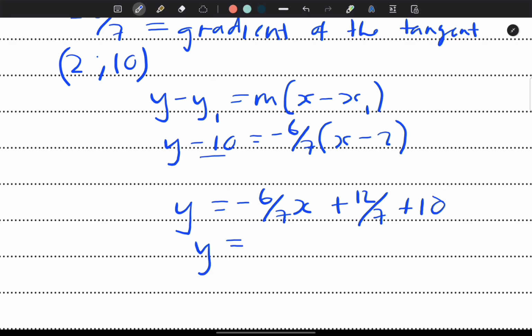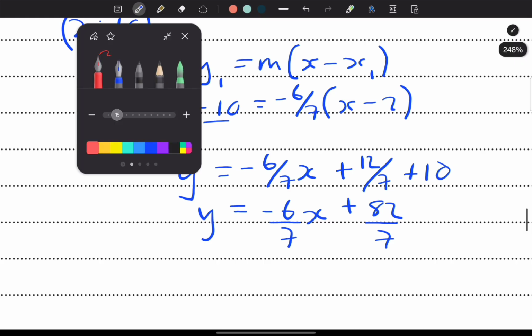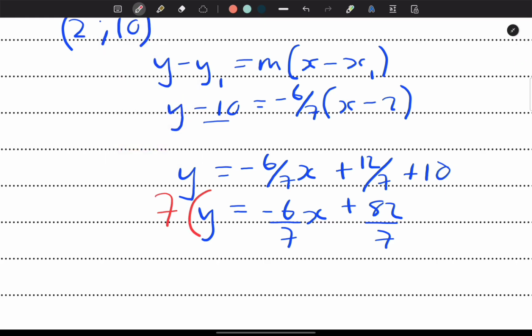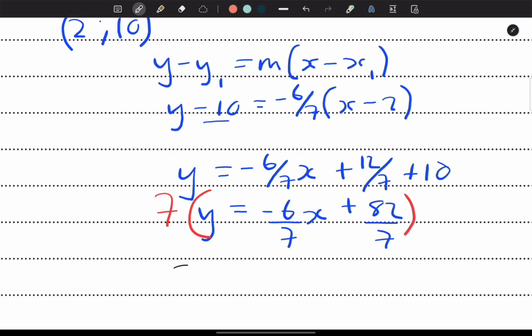So y equals minus 6 over 7 x plus 82 over 7. If we multiply everything by 7, we get 7y equals minus 6x plus 82.